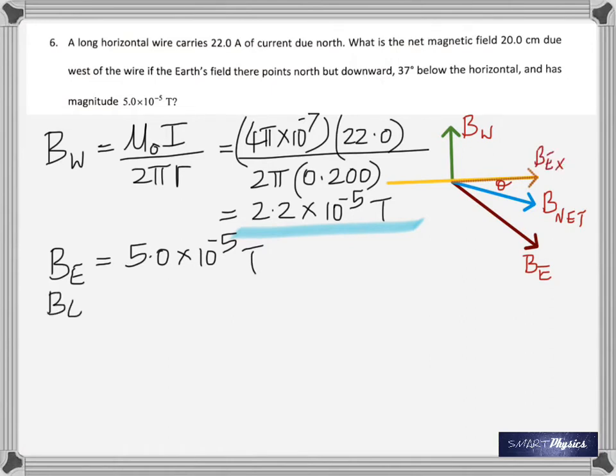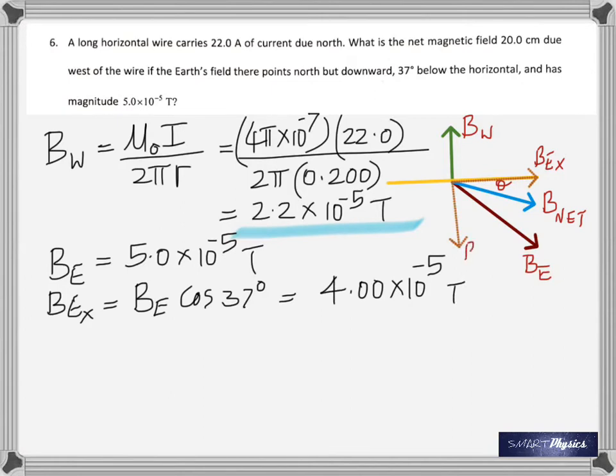And now I have resolved this along the x-axis. You can see BEX come up. BEX is definitely going to be BE cos 37, because that's the adjacent side, right? Right triangle here, that's the adjacent side. So BE cos 37 gives me 4 times 10 to the negative 5 Tesla.